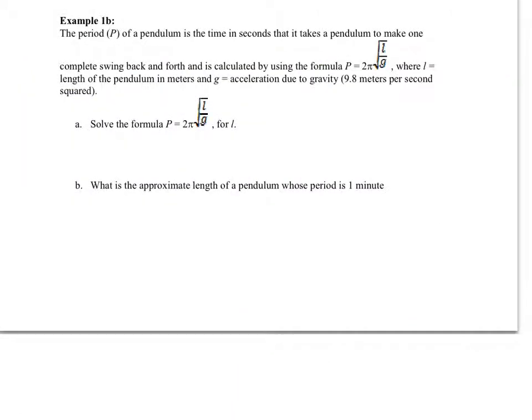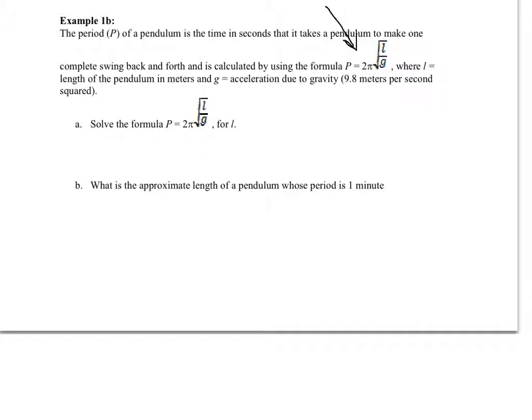Okay, example 1b, we're going to use the period P of a pendulum, which is the time in seconds that it takes a pendulum to make one complete swing back and forth. So we're going to use the formula for that, where P, which is the period of the pendulum, equals 2 times pi times the square root of L divided by G, where L is the length of the pendulum in meters and G equals the acceleration due to gravity.